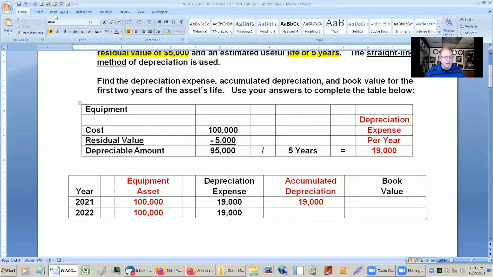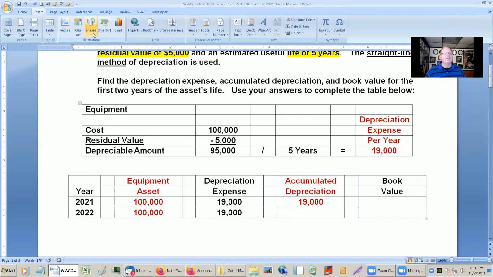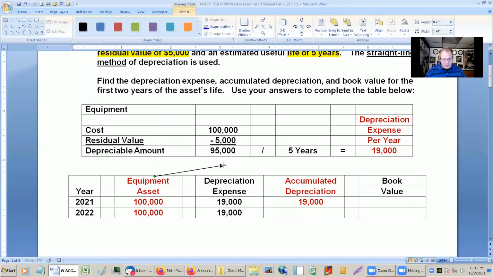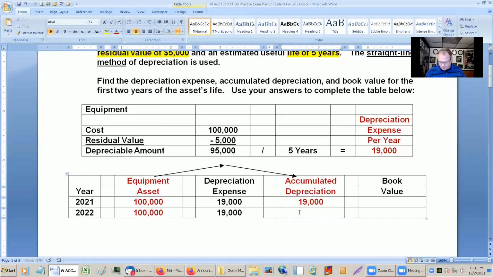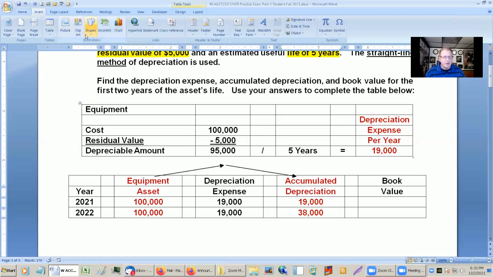So the next one would be 38,000, because it'll be both of these years together.